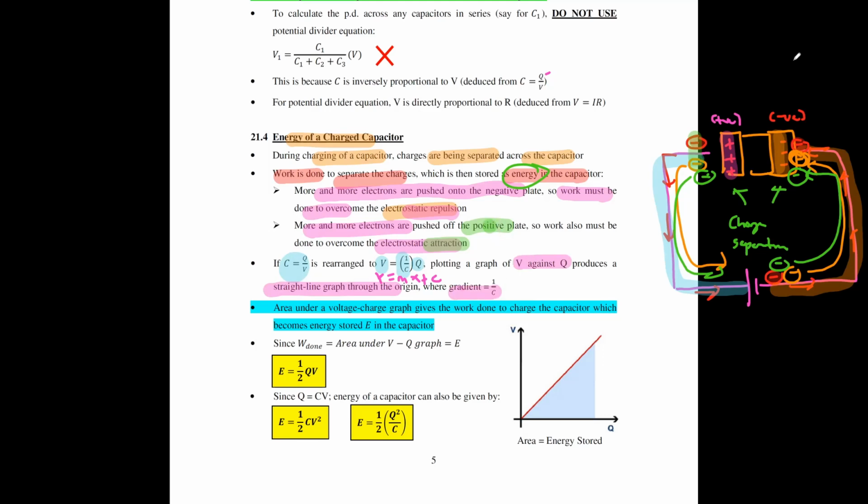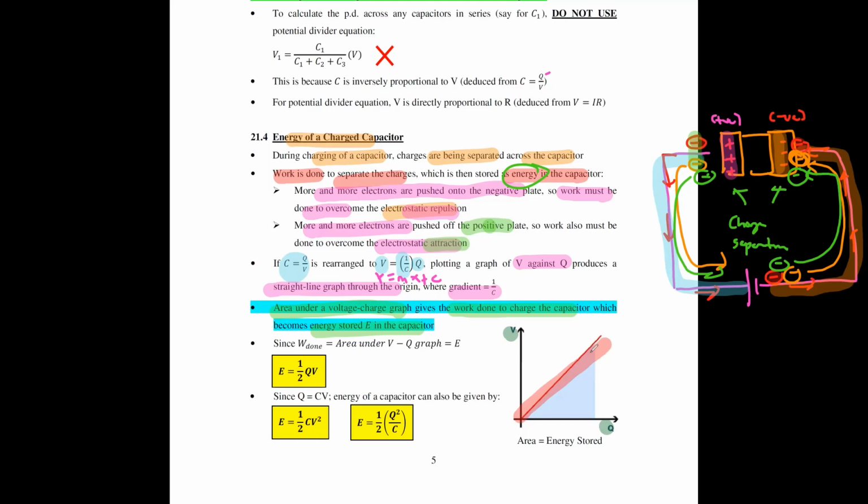Now the area under your voltage-charge graph actually gives you the work done to charge the capacitor, which in turn will be the energy stored inside your capacitor. So if you plot a graph of V against Q here, it's going to be a straight line graph through the origin.